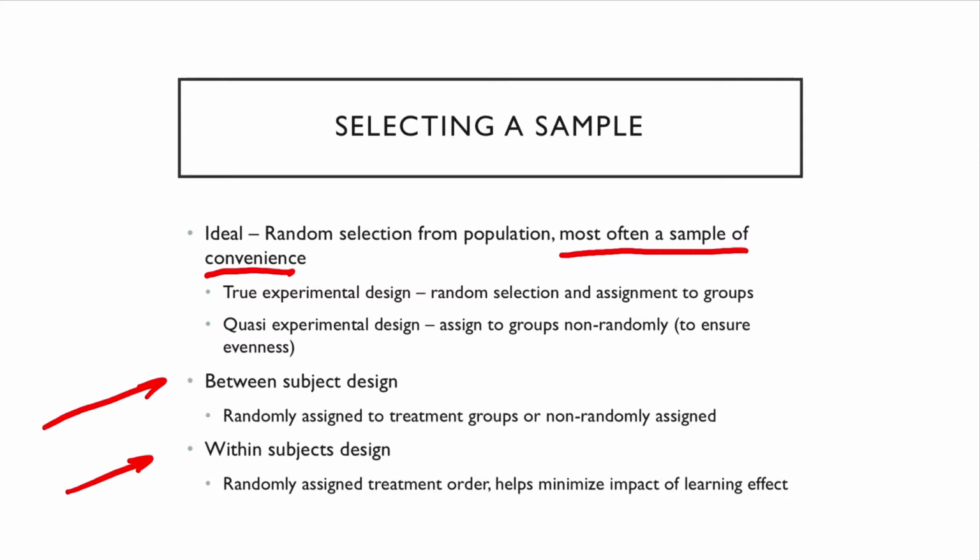In within subjects design, we don't randomly assign them to the treatment group because they undergo all of the treatments. However, we usually randomize the treatment order so that they don't always do treatment 1 first. We sometimes do treatment 1 first for some of the subjects, others do treatment 2 first, and that helps to minimize the chances, again, of a learning effect affecting our outcomes.